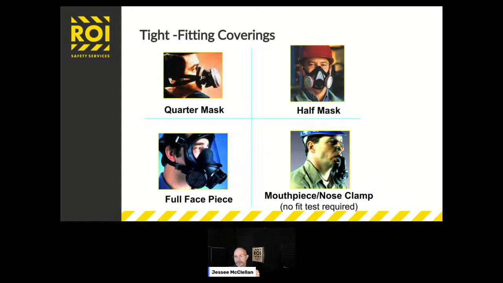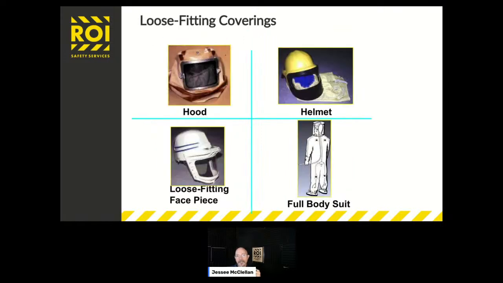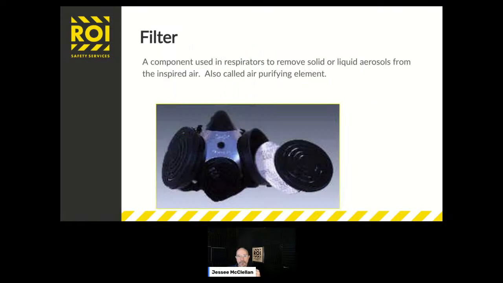And that quarter mask, I don't see those ever, and especially that mouthpiece one. Again, this is the federal OSHA training PowerPoint we're using. Then you've got helmets with the attachment. Then you see the full body suit. These are for mostly sandblasters, painters, and these offer really good protection.